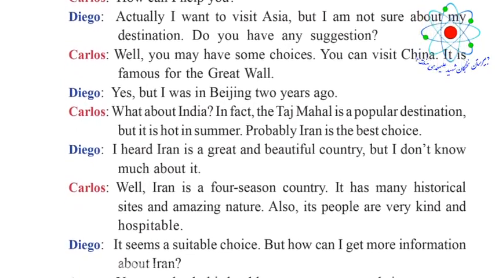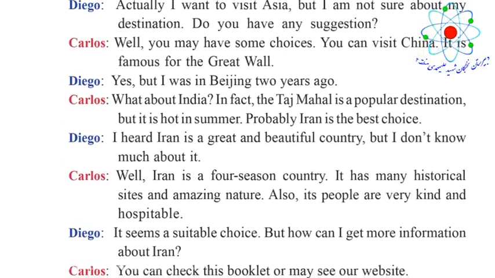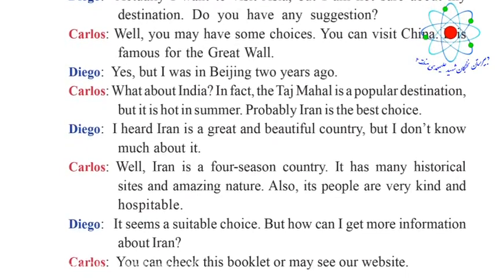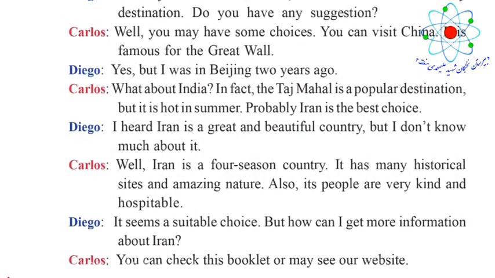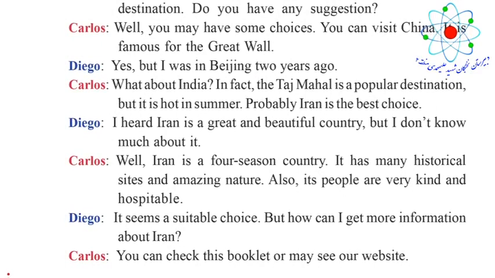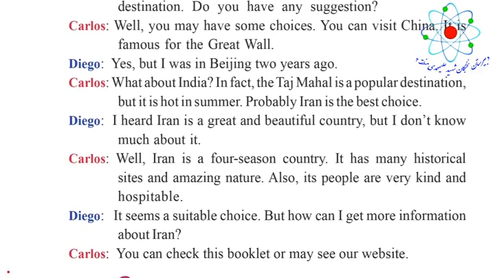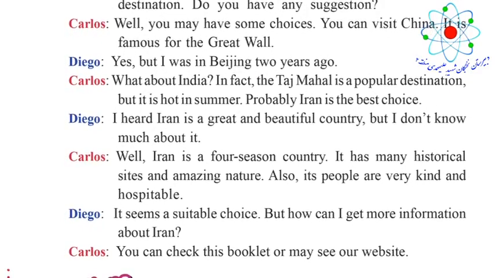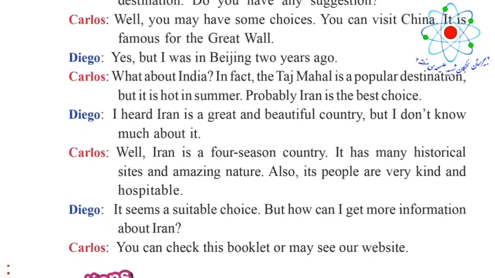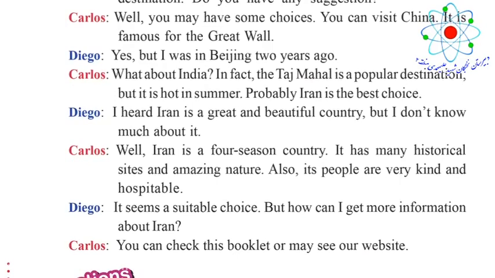It is famous for the Great Wall. Yes, but I was in Beijing 2 years ago. What about India? In fact, the Taj Mahal is a popular destination, but it is hot in summer. Probably Iran is the best choice. I heard Iran is a great and beautiful country, but I don't know much about it.